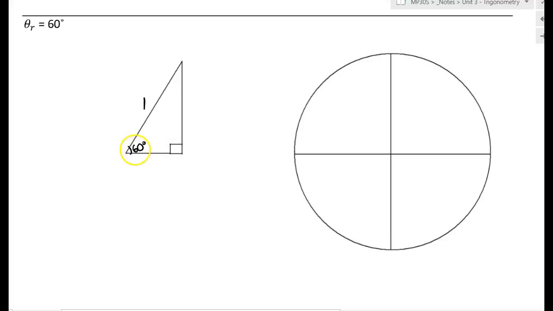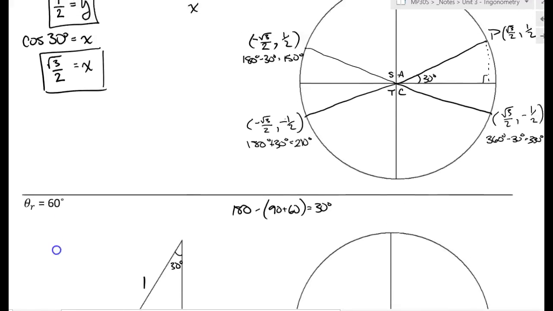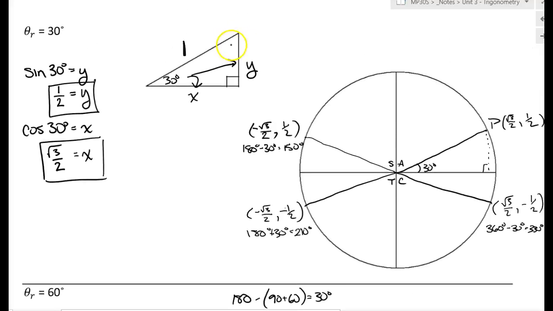But again, that idea that all our angles need to add up to 180. So if we go 180 minus 90 plus 60, we actually get 30 degrees. And so this angle here is 30 degrees. Well, going back to that previous triangle, this angle is 60 degrees, which means these are similar. We've just rotated it around and reflected it.